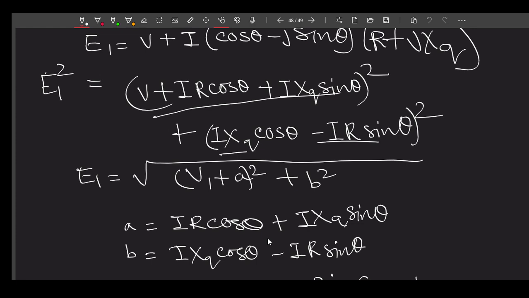Like first, the information about induced voltage is given, and then you need to find out the terminal voltage. Generally, what we do, we know the terminal voltage and we go inside to that generator to find out E naught. Here the inside picture of the generator is given, and we need to figure out what you can expect at the generator terminal.